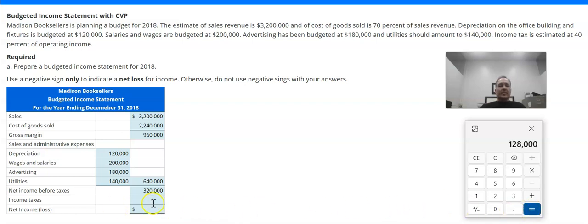It ends up being the same here. Let's see, they only say use a negative sign only to indicate a net loss. Okay, so we're not going to put a negative sign in here either. And then our net income is going to be 320 minus 128,000. And that's going to give us 192,000.